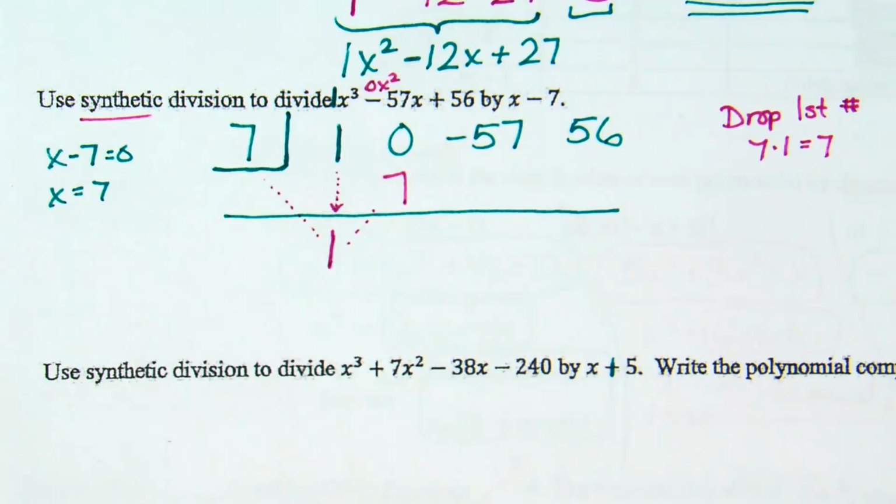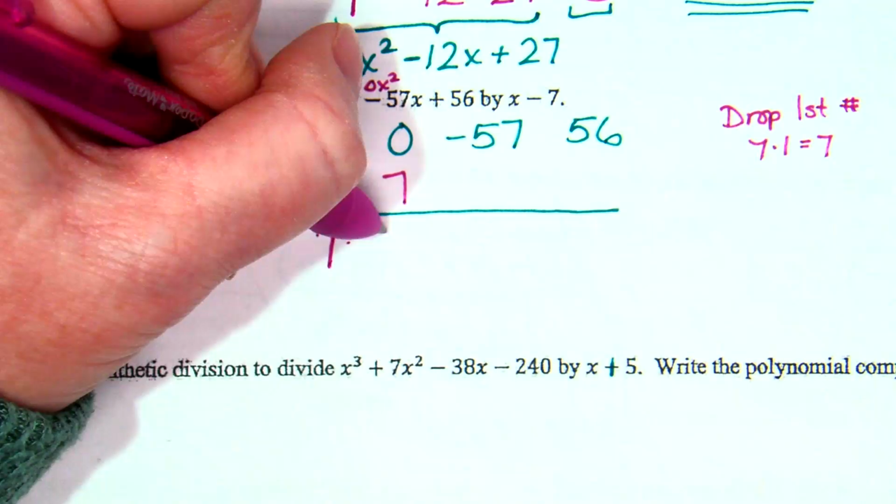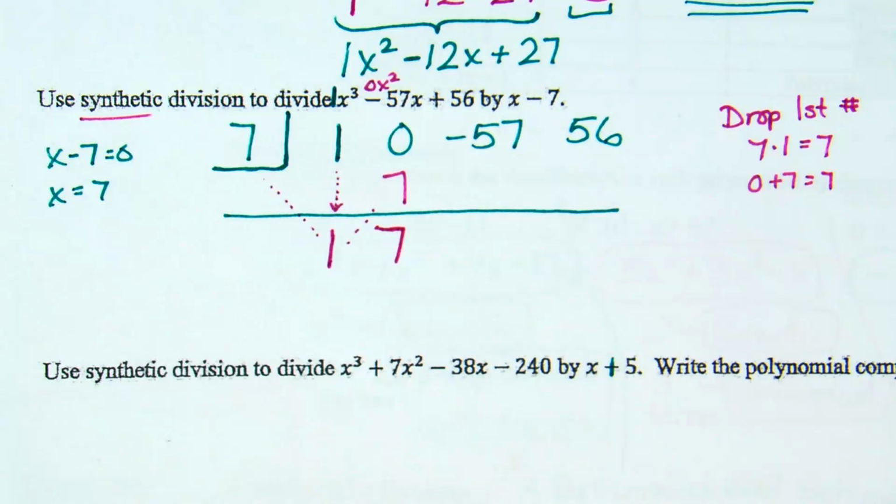Then I'm going to add 0 plus 7, 7. Repeat the process. Now again, we're going to multiply. What am I multiplying? 7 in the box times my last number on the bottom here.